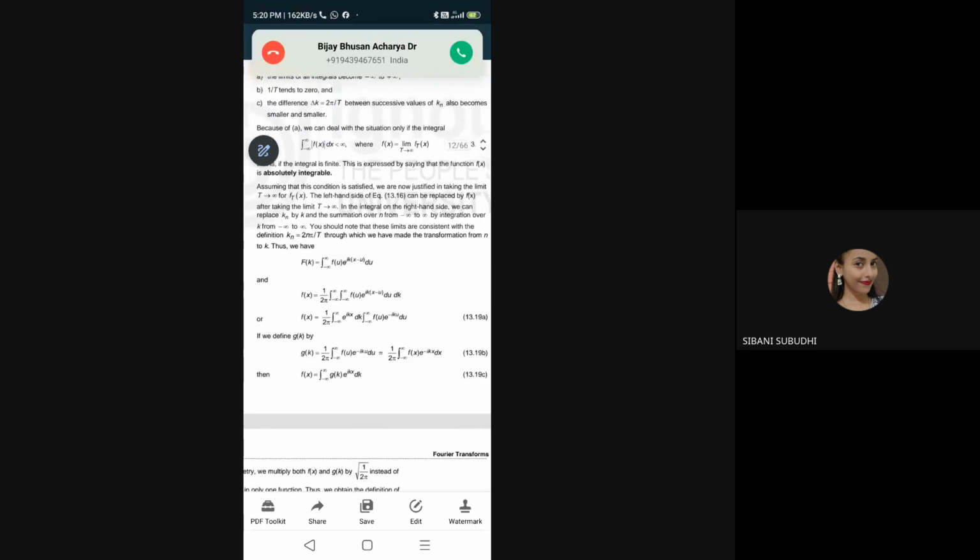So you can write this, where f(x) is equal to limit T tends to infinite of f_T(x). Assuming that this condition is satisfied, we are now justified in taking the limit T tends to infinite for f_T, which is a function of x, and the left hand side can be replaced by f(x) after taking the limit T tends to infinite.